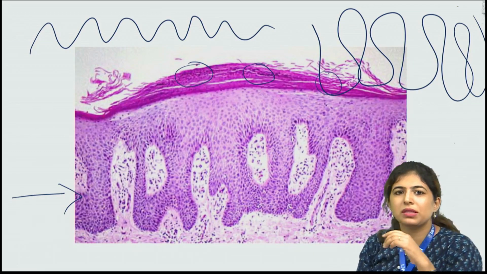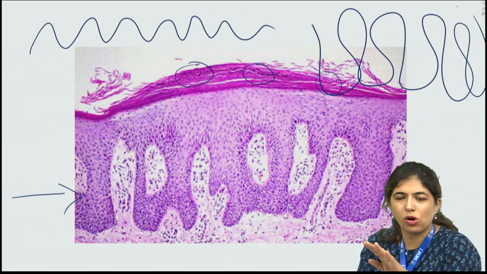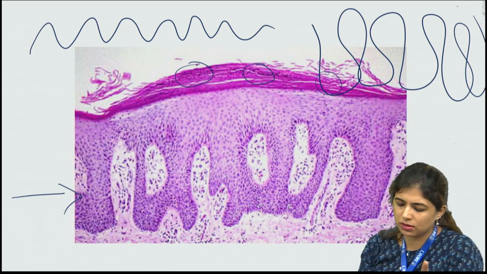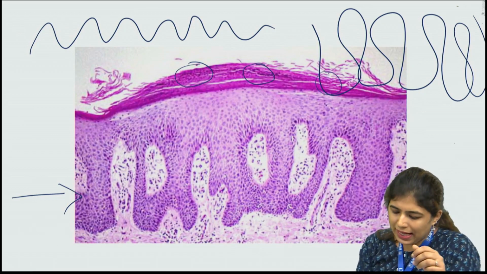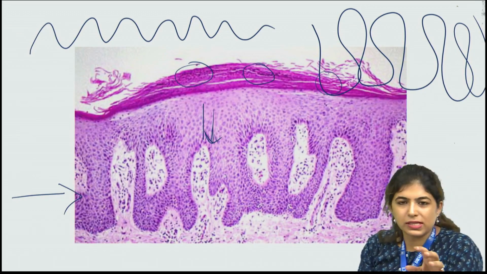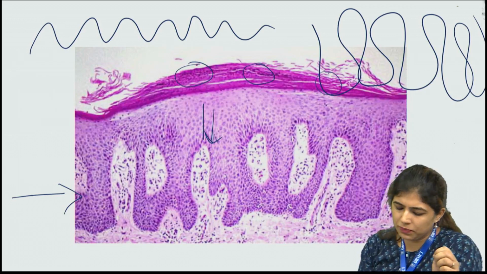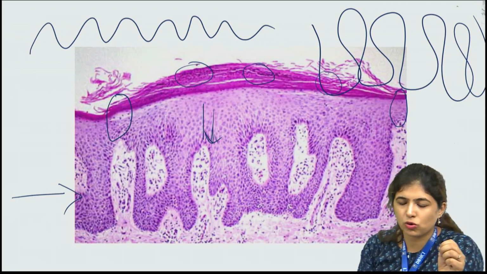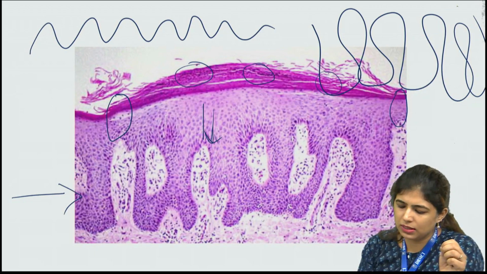I hope you remember that stratum corneum is a dead layer. All cells are anucleate. But in psoriasis, you see parakeratosis. Acanthosis is there. Your stratum spinosum is thickened. Spongiosis and neutrophils can't be seen in low power. Another point that you see here is suprapapillary thinning. These are the points showing suprapapillary thinning.